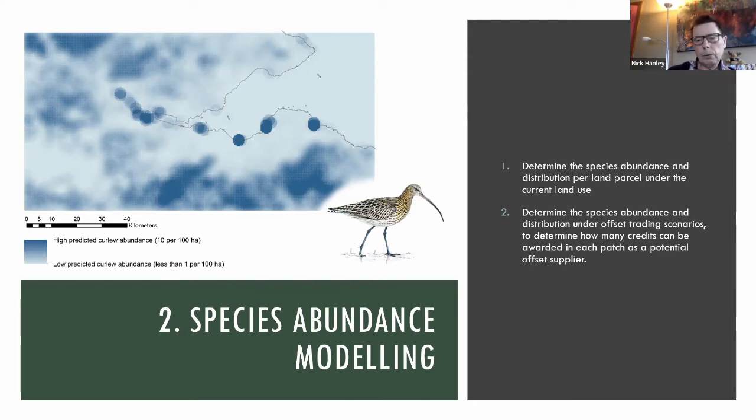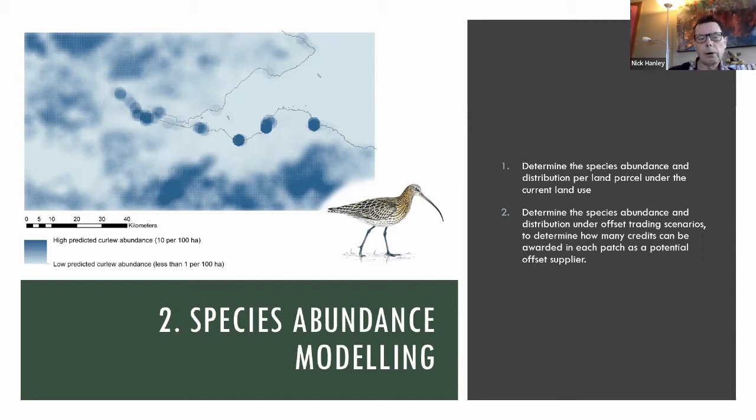That's what we're trying to do, because the regulator would need that kind of model to know how many credits to award a farmer in a specific location for undertaking a specific action, if our market has a metric which is species.